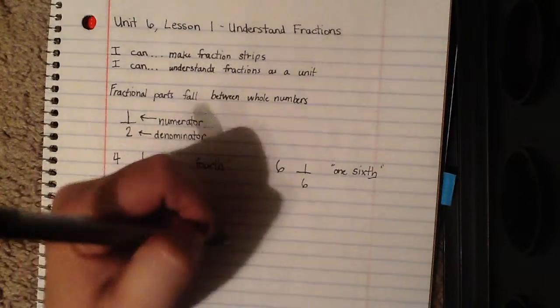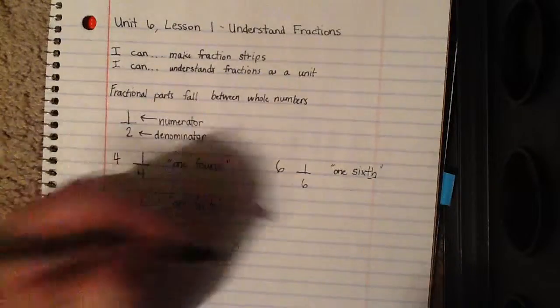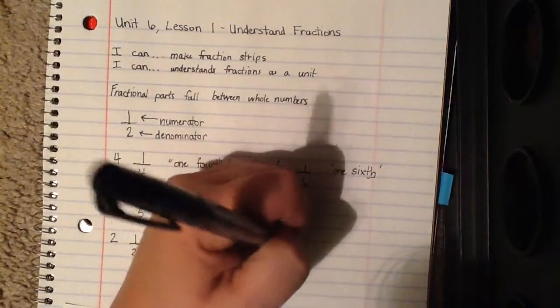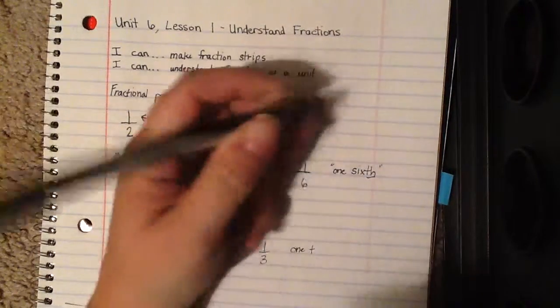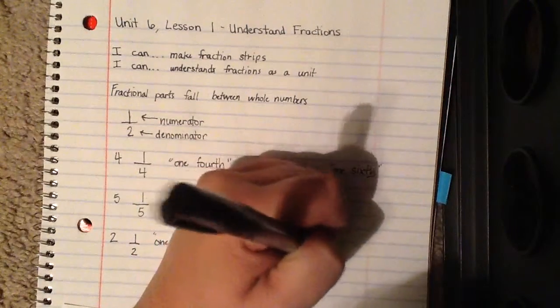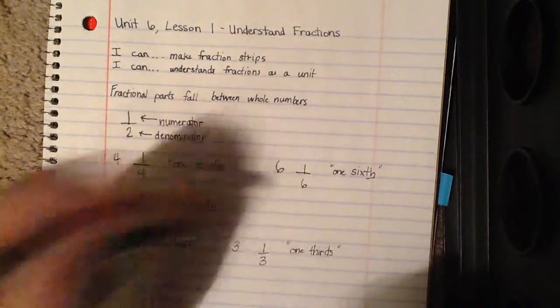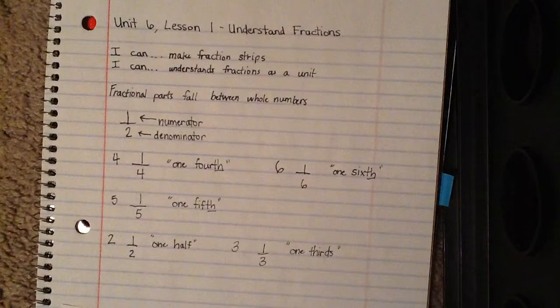If I'm writing 3 for thirds, 1/3 turns to one third. Those are exceptions to the rule.